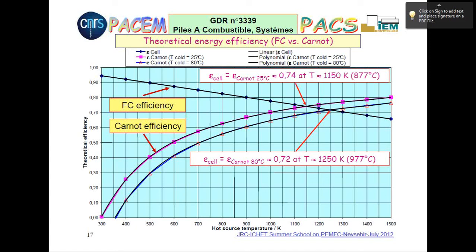It is a key point. This is why the development of PEM fuel cells is very important for our energy problems, energy crisis. If you have 2 times more efficiency, you use 2 times less fuel for the same energy, more or less.